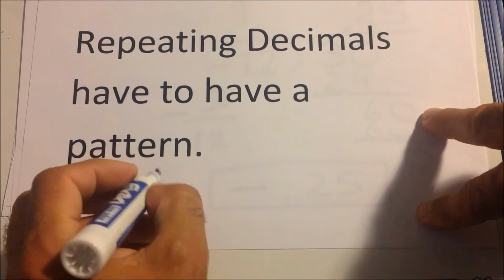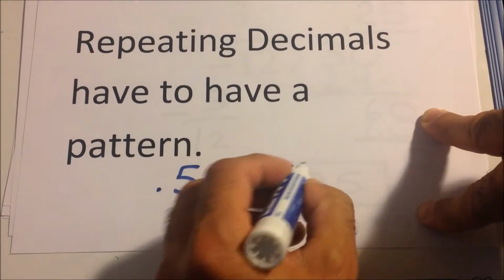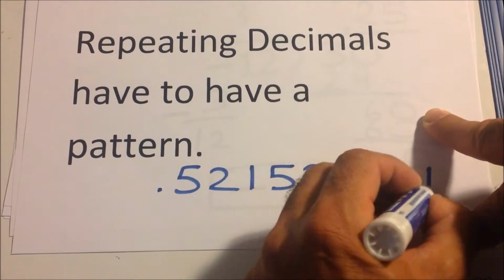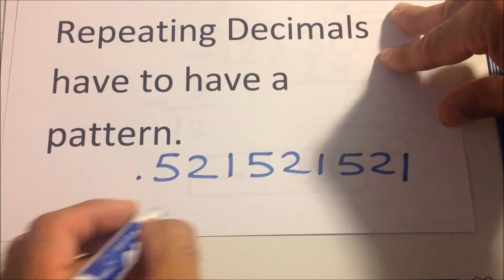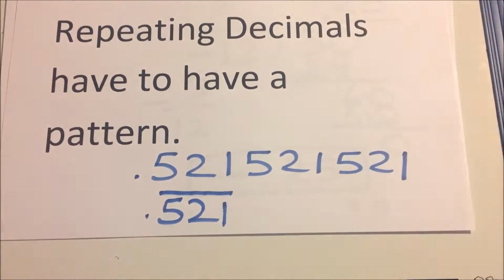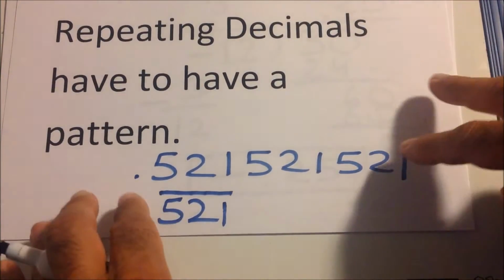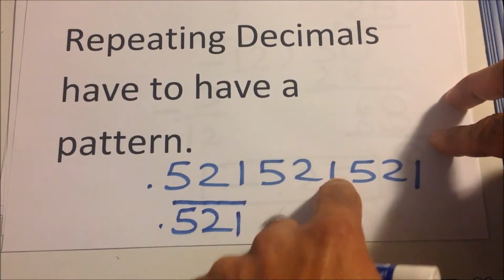So if I did 0.521, 521, 521, well, we know this repeats. So what we would do is put a line over it. 0.521 with a line over it. That's a repeating decimal. Again, it has to have a pattern. The pattern is 521, 521, 521.